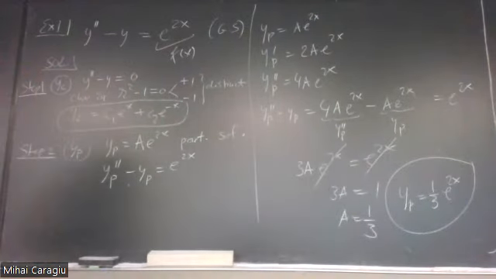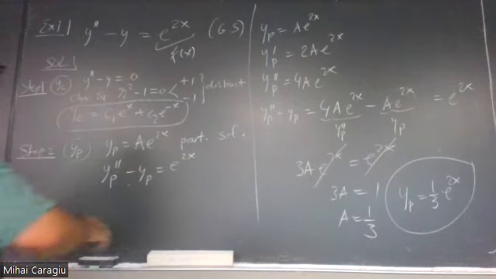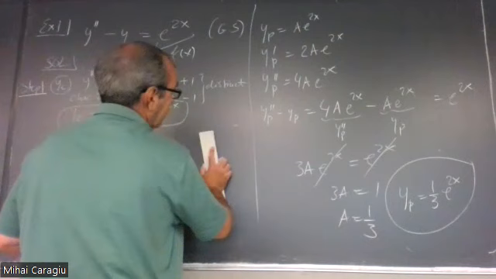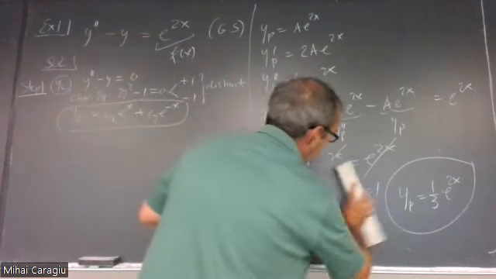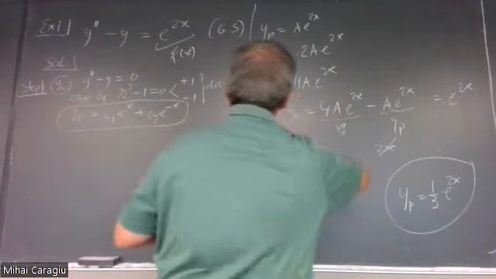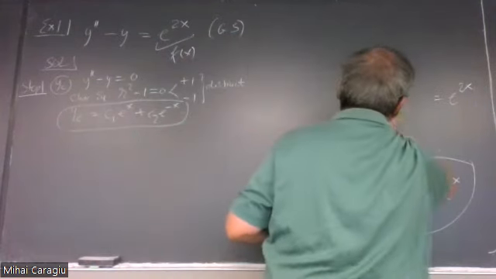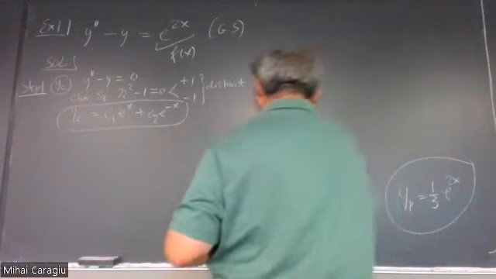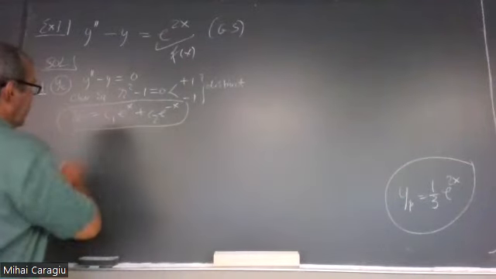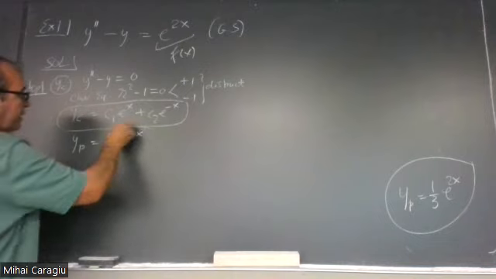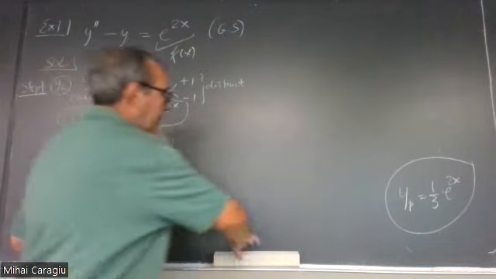So what will now be the general solution of the non-homogeneous equation? Once we have y sub c here and y sub p here, that's the only thing we need. The y sub c in this one, y sub p equals 1/3 e to the power 2x, right?